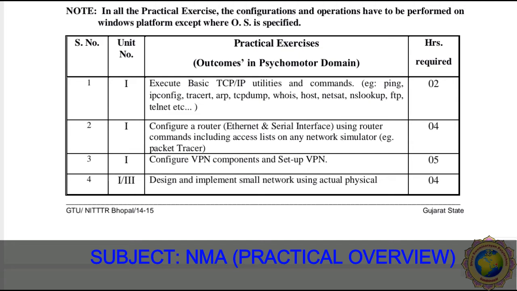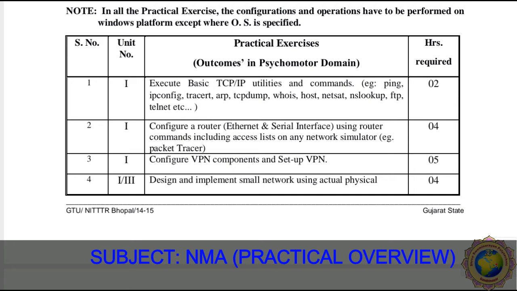Practical number 2 is to configure a router, Ethernet and serial interface using router commands. We have to perform different types of router commands and configure the router using Ethernet and serial interfaces. This practical is a teaching as well as learning requirement of 4 hours.